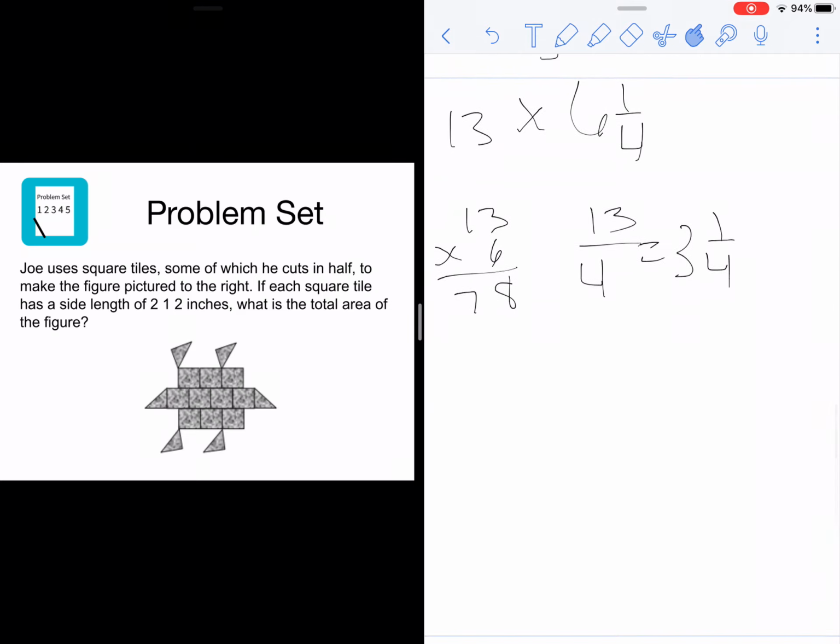So 78 plus 3 1/4. Add those together, and you get 81 1/4 square inches. So when you write your statement, the total area is 81 1/4 square inches.